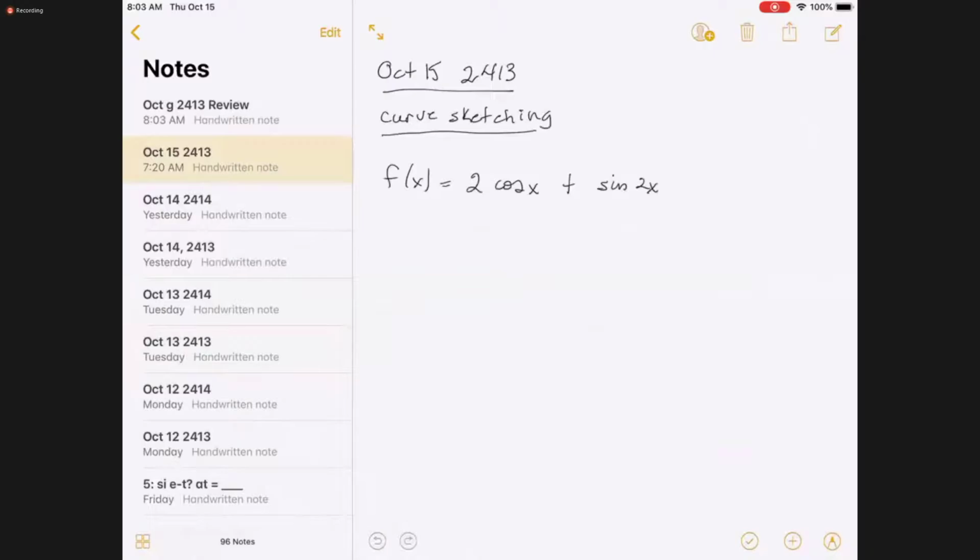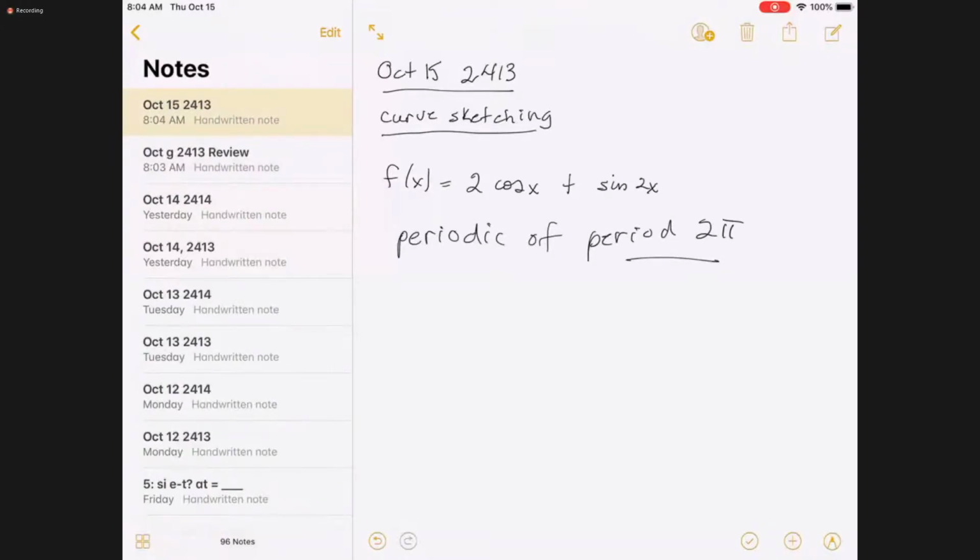Okay. So f of x is 2 cosine x plus the sine of 2x. And this function is periodic of period 2 pi, because both of the functions involved are periodic of period 2 pi.